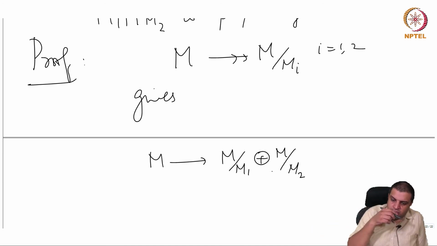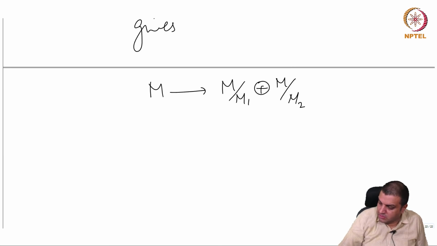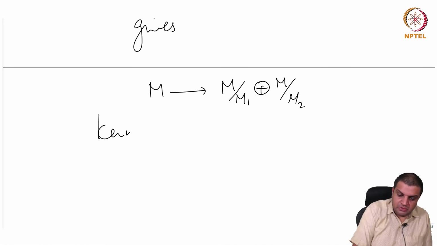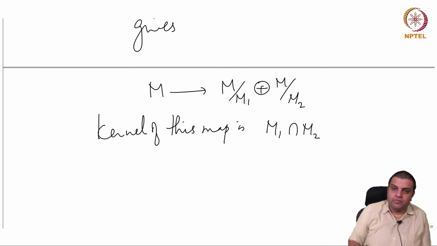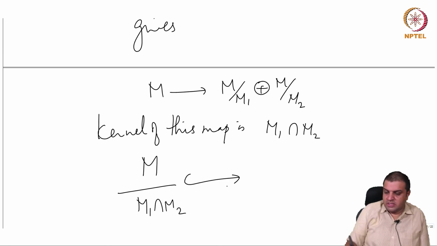Direct sums have certain category theory properties, and from there it is automatic that there is such a map. Okay. But what's the kernel? The kernel of this map is M1 intersect M2. So therefore we have M mod M1 intersect M2 sitting inside this direct sum.